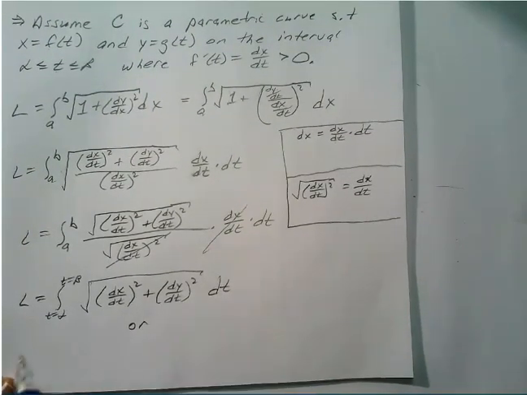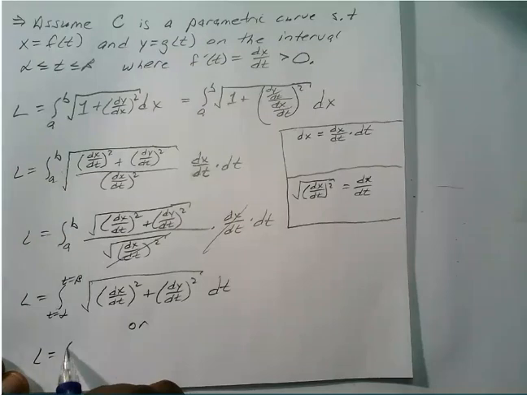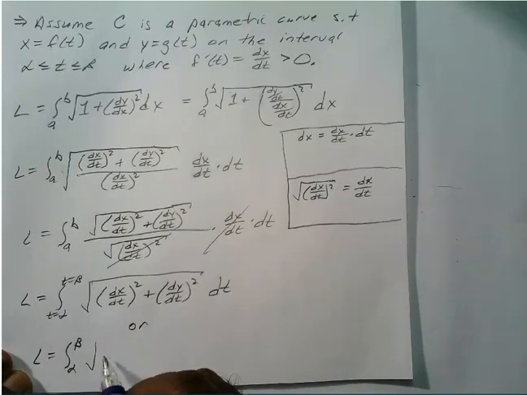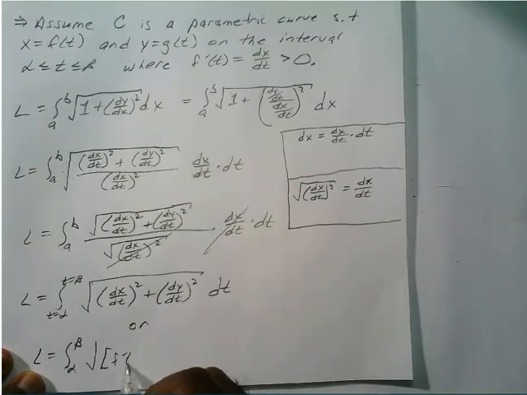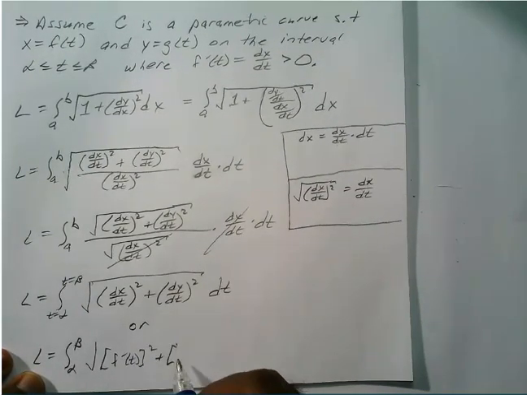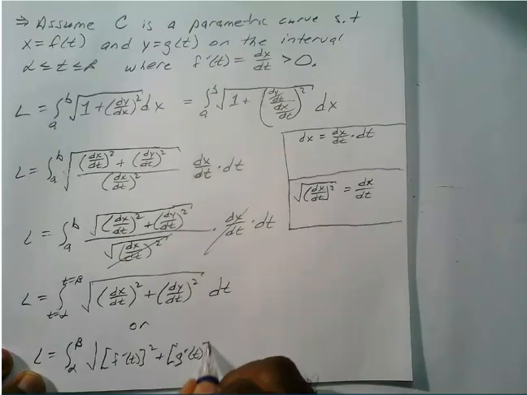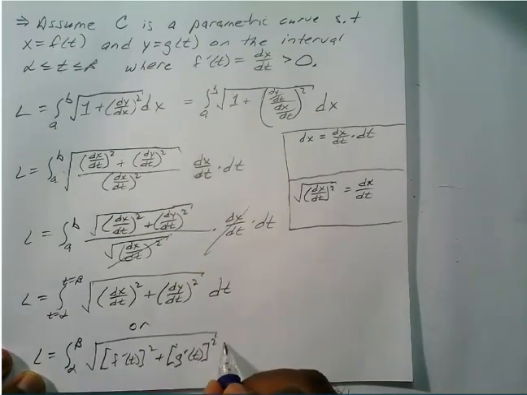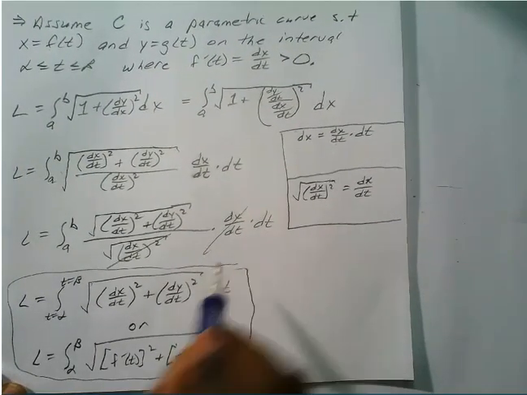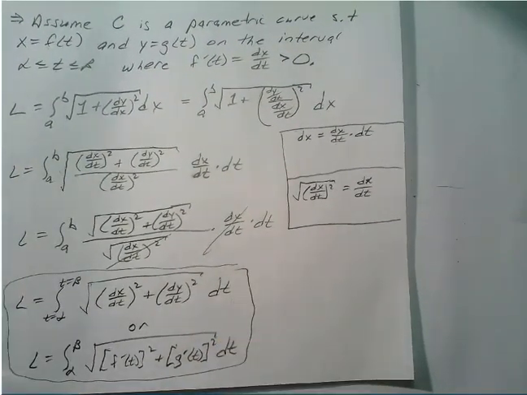Or, to make it a little simpler, the integral from alpha to beta of the square root of f prime of t squared plus g prime of t squared with respect to t. So either one of those formulas will give you the arc length of a parametric curve.